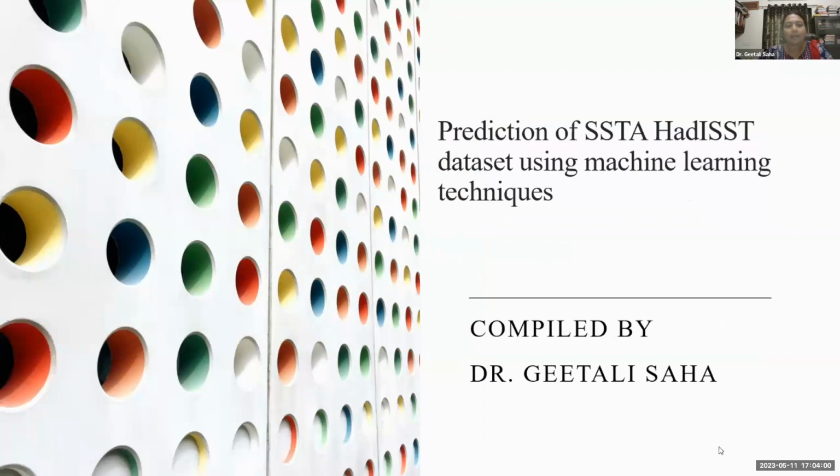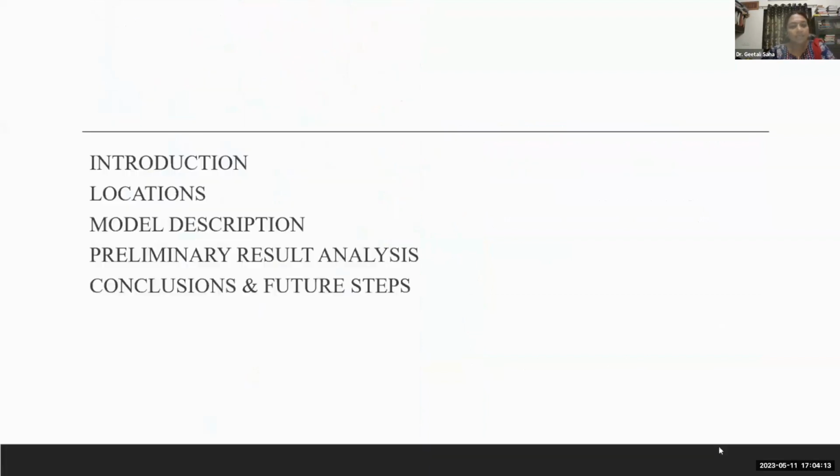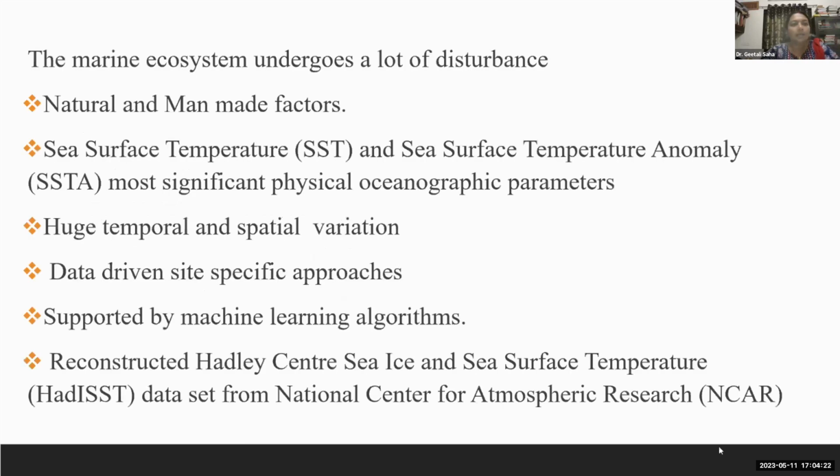Good evening, everyone. I'll be discussing the prediction of the SSTA dataset using machine learning techniques. To begin with, these are the different aspects that I'll be covering throughout my presentation. The first part is the introduction.